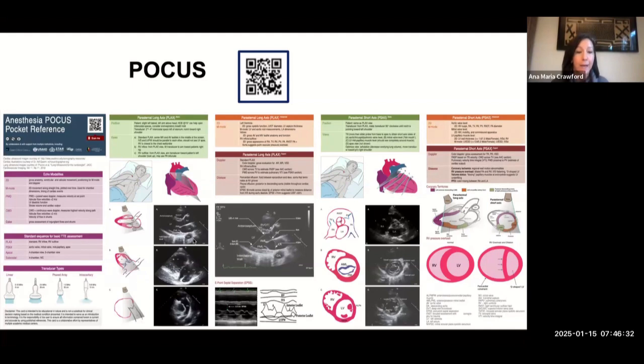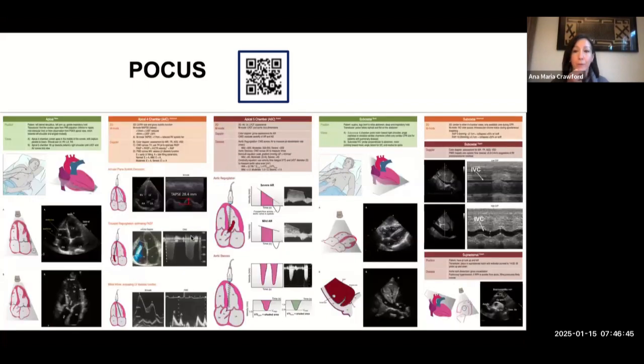So it's very, very useful for looking at the contractility, the muscles, the valves, etc. So you can really determine the contractility, whether or not the valves are open, whether or not the heart is in a normal sinus rhythm. Additionally, you can use this second page of the POCUS card and look at different parts of the left ventricular outflow tract and determine cardiac output.